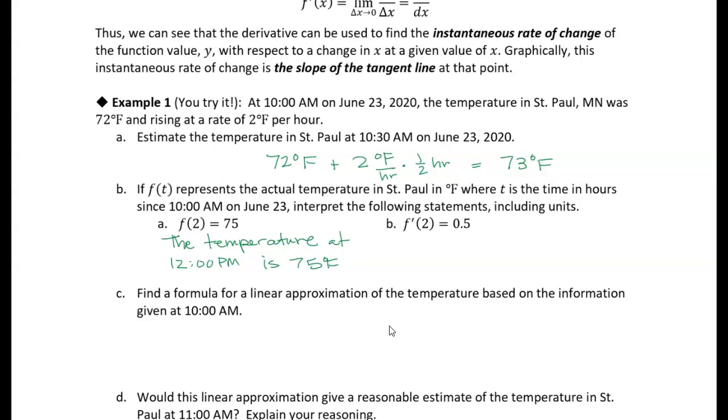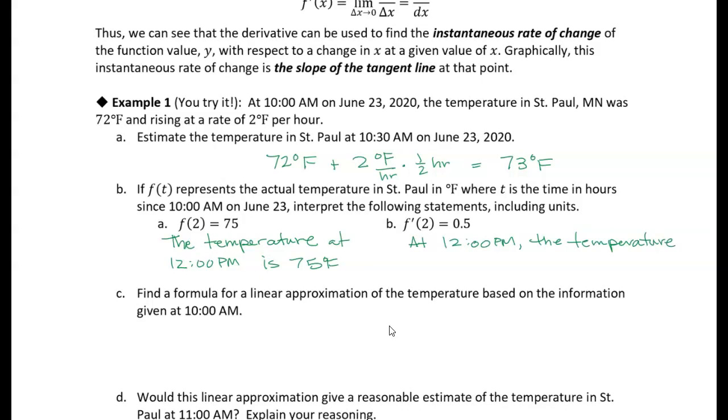Okay, so this is saying that at t equals 2, which again is 12 noon, so I'm just going to write this at 12 p.m., the temperature is increasing, right?